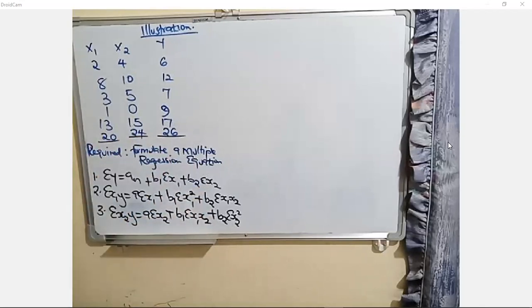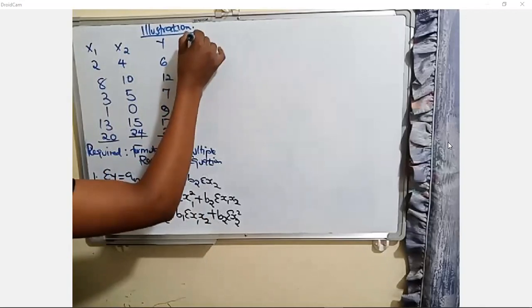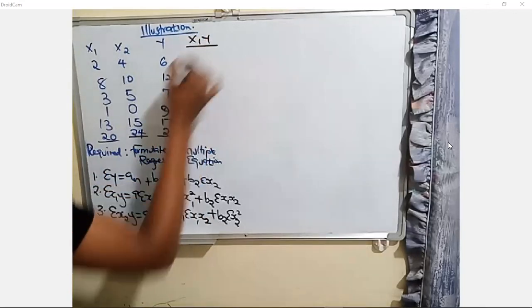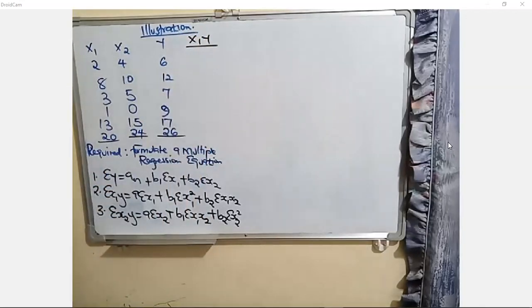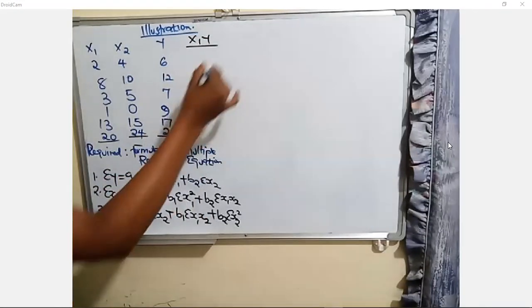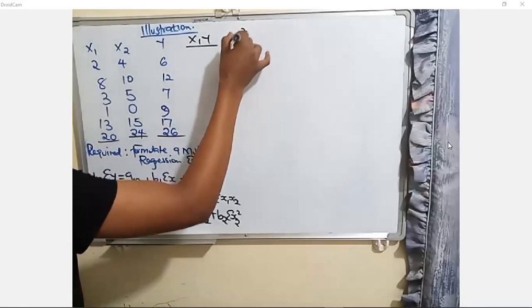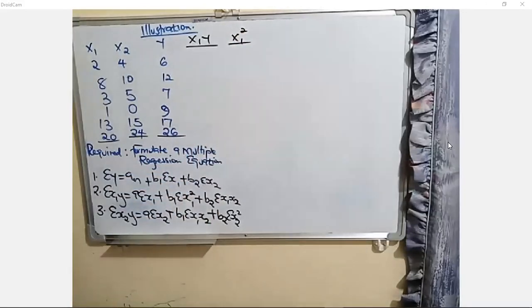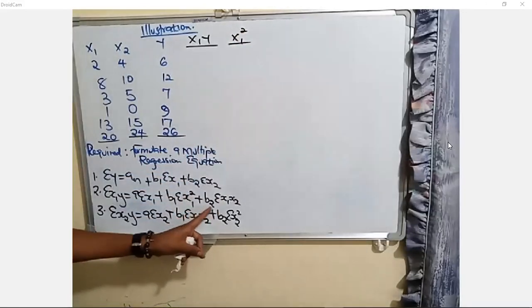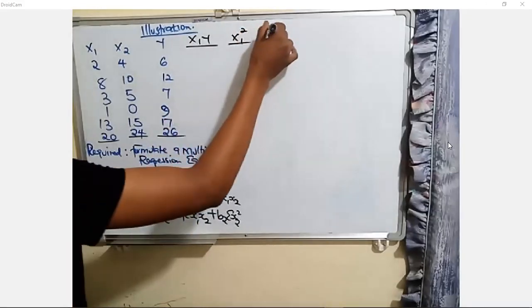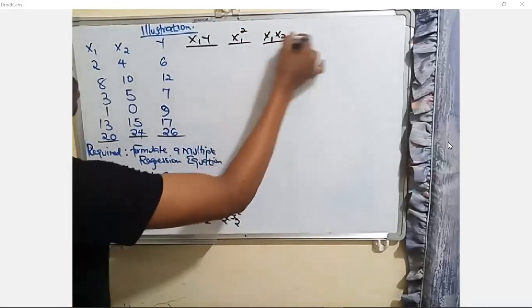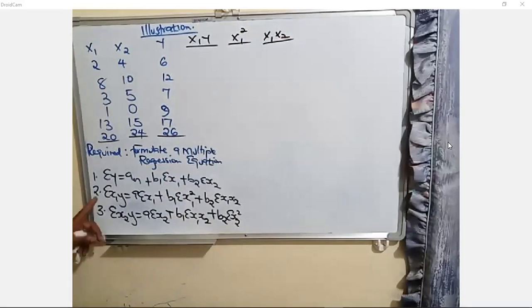But the second equation requires me to multiply x1y, then we have the summation of x1 squared and the summation of x1x2, and then we shall come up with the second equation.